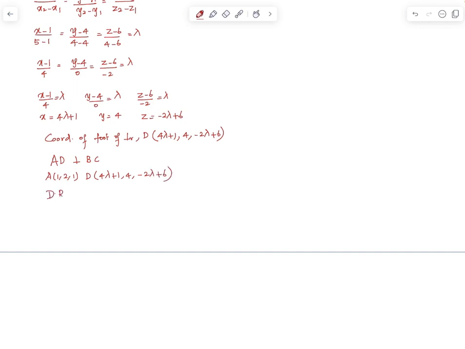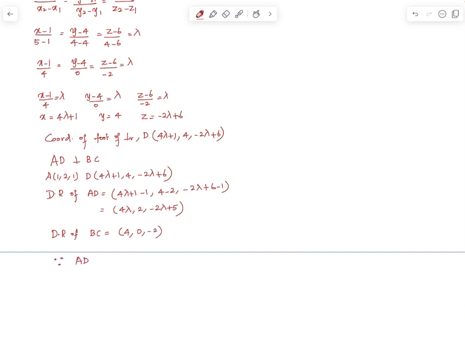So the direction ratios of the line AD is 4 lambda plus 1 minus 1, 4 minus 2, minus 2 lambda plus 6 minus 1, which is 4 lambda, 2, minus 2 lambda plus 5. The direction ratios of BC is given by 4, 0, minus 2.